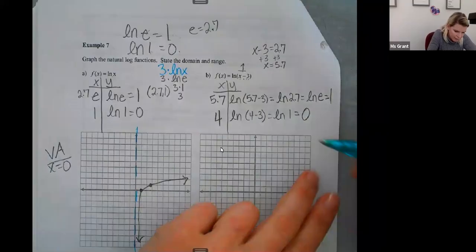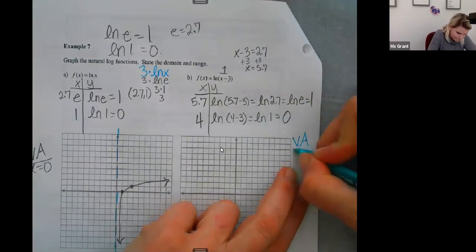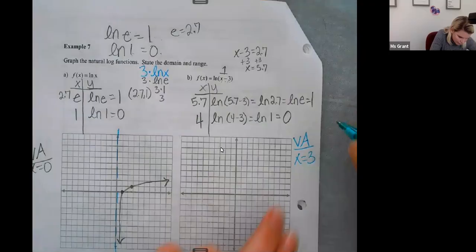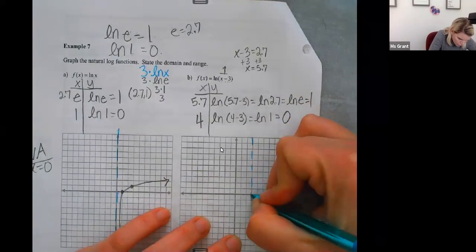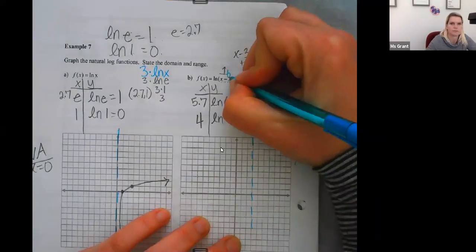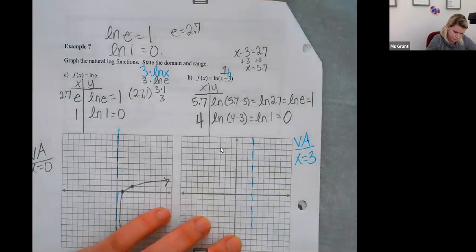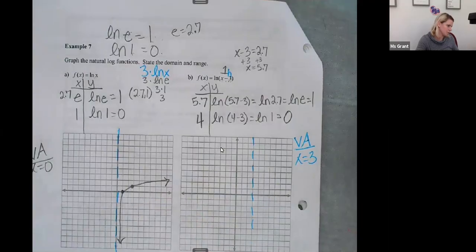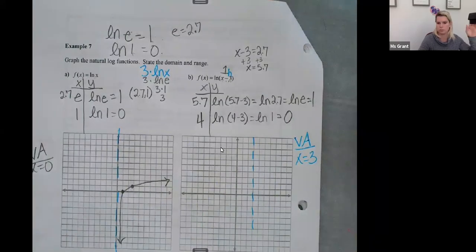Ooh, I have a fun vertical asymptote this time. X equals positive 3. That's my h. H is 3. Mark your vertical asymptote.